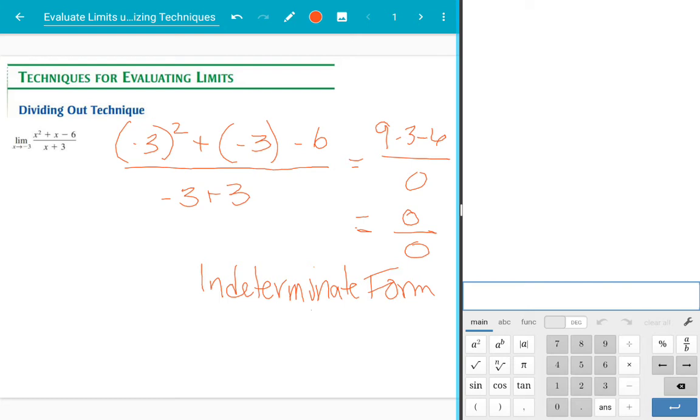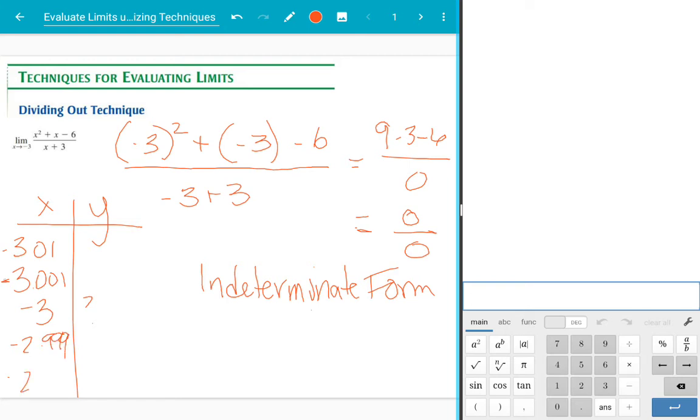Now, if we did this one instead of using direct substitution, if we actually made a table, we would get a pretty good result here. All right, so let's say I created a table and we're finding the limit as x approaches -3. Okay, so I need to go -3.001, and we'll go a few above, a few below, and see what value it's approaching.